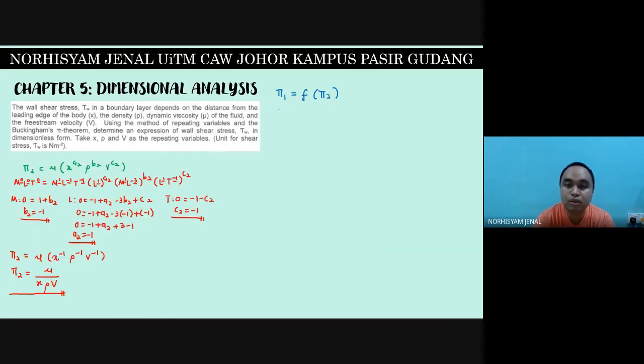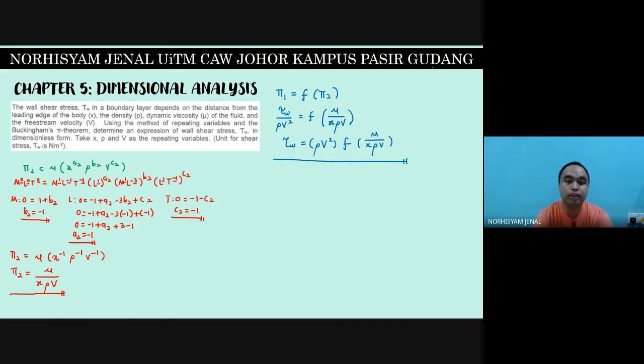So tau over rho v square equals to the function of pi 2, mu over x rho v. So tau is equal to, so we bring it up here, rho v square, function of mu over x rho v. So this will be the final answer for this question.